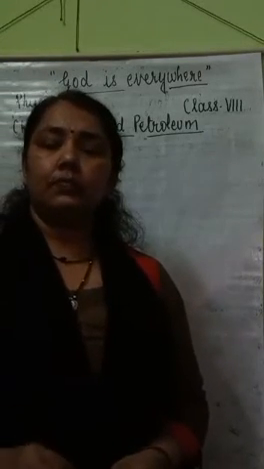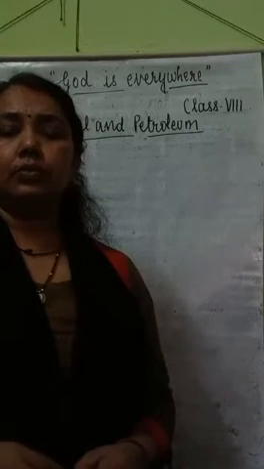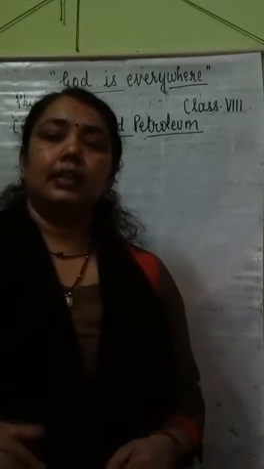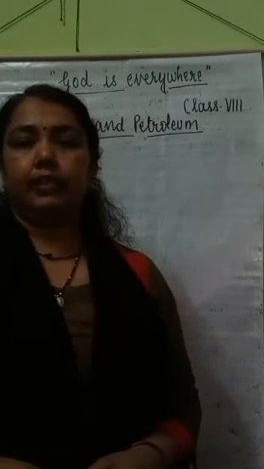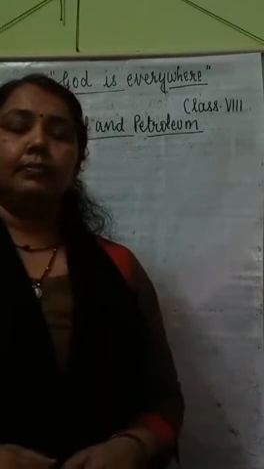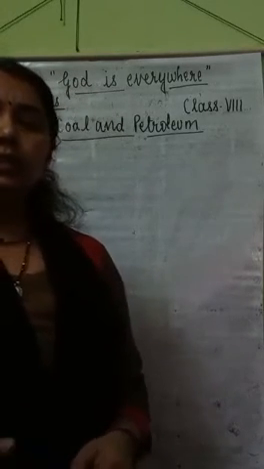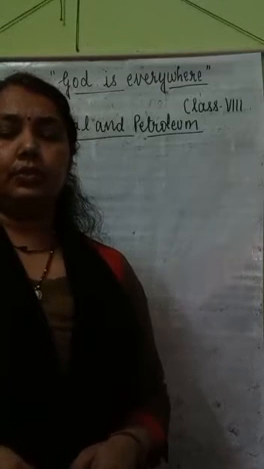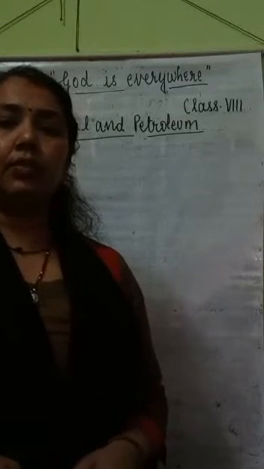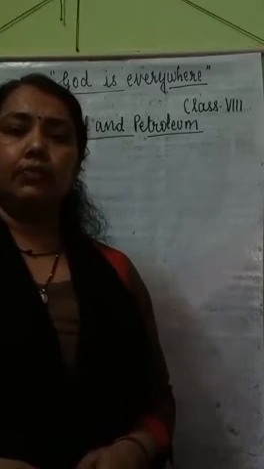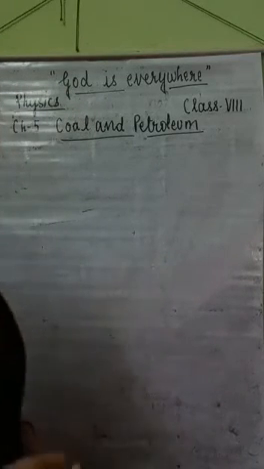Exhaustible natural resources are those which are in limited quantity in nature and can be depleted by human activities, like coal and petroleum. We also learned how coal is produced and what the products of coal are. Now, in this session, we will study petroleum.